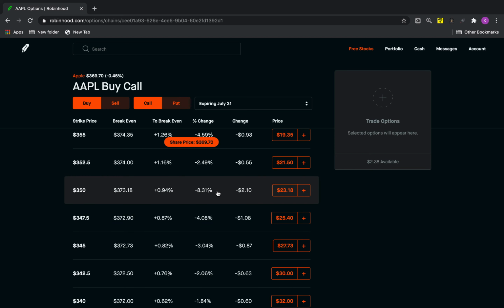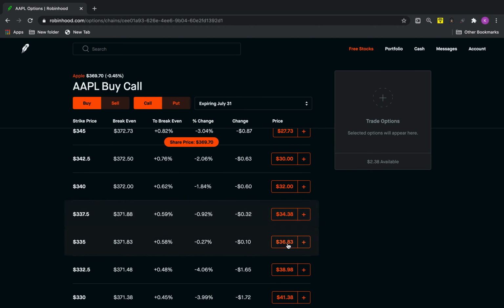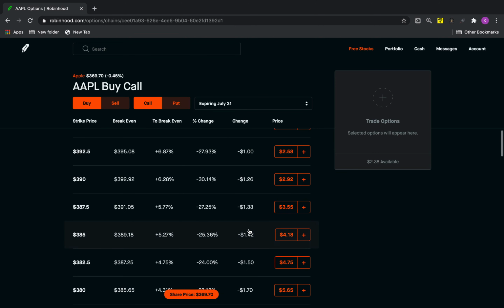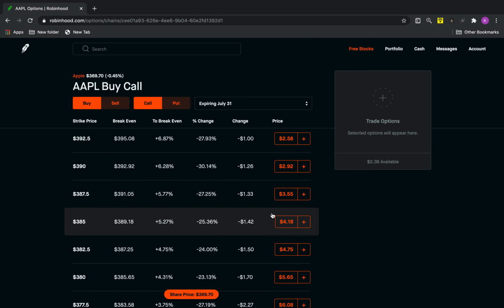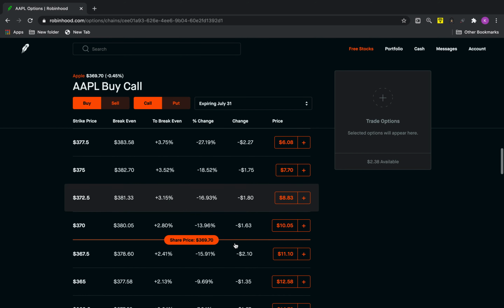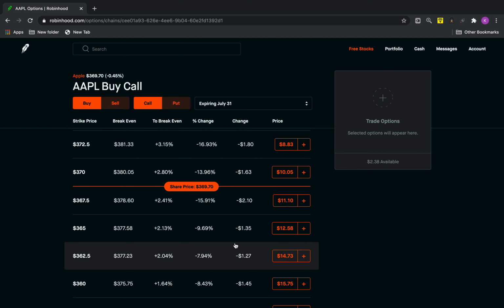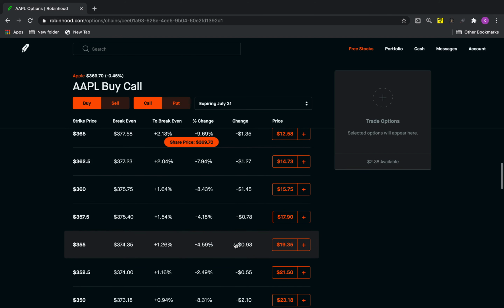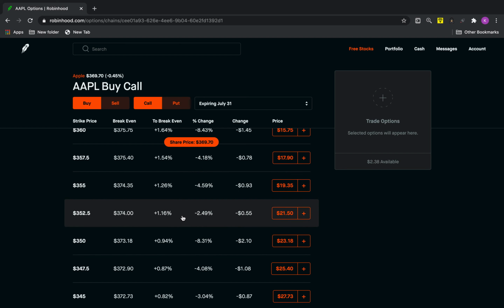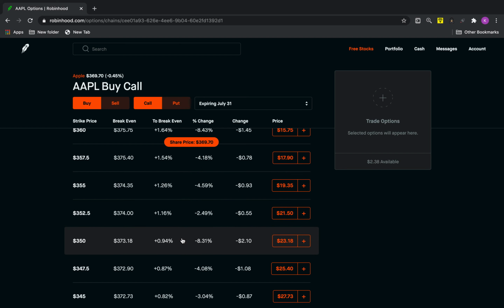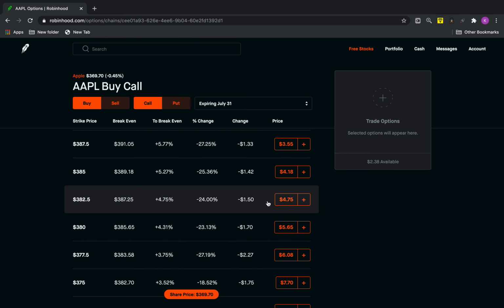So the deeper you go in the money, the more it costs because of the intrinsic value, and the more you go out of the money, the less it costs because there's no intrinsic value. It's all extrinsic value. And in my opinion, you want way more intrinsic value than extrinsic value because when your option expires, if you're out of the money, this is all extrinsic value.